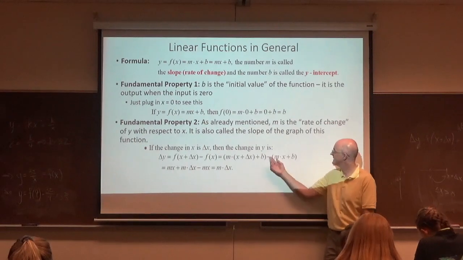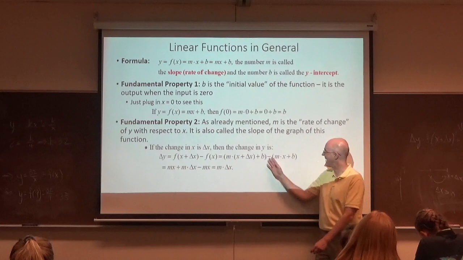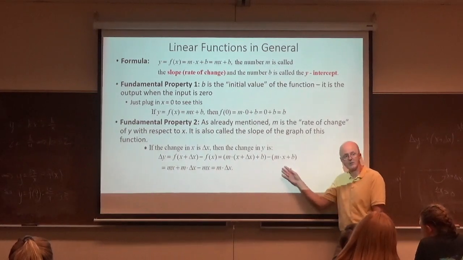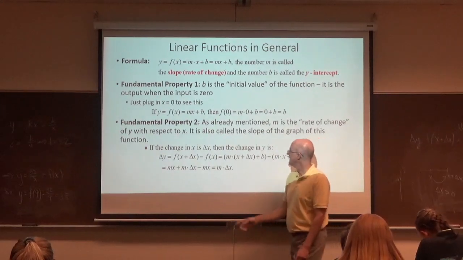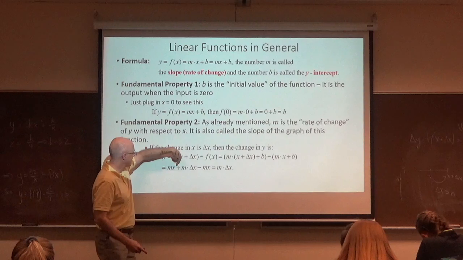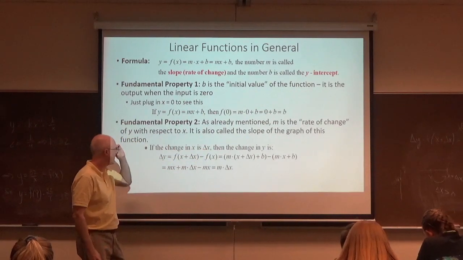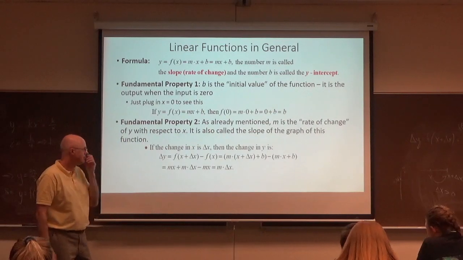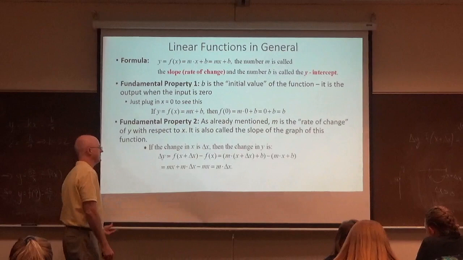You need to do that because you can see that the minus sign gets distributed because it's really adding negative 1, so the negative 1 would get distributed through the parentheses. Distribute the m through this parentheses, m times x, m times delta x, get added. Then b, and I guess I kind of skipped a step here. The b's get canceled. That was the step I skipped. Maybe I should try that.